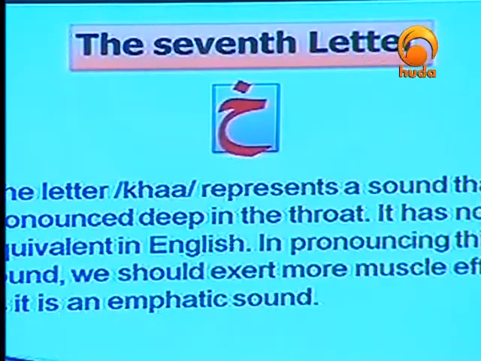It says that the letter kha represents a sound that's pronounced deep in the throat. For ha, it has no equivalent in English. I think that probably can be found in the Scottish or Irish dialects. In pronouncing the sound, we should exert more muscle effort as it is an emphatic sound.